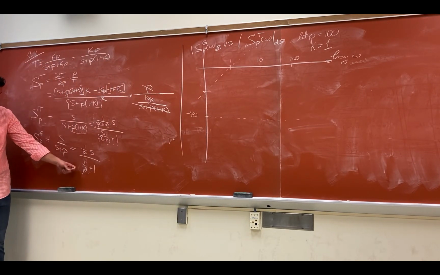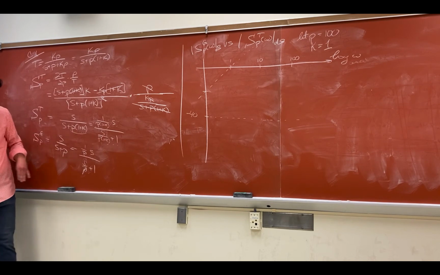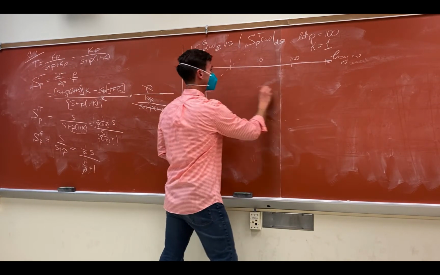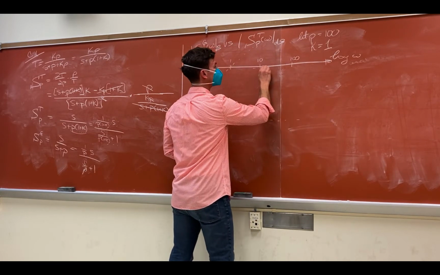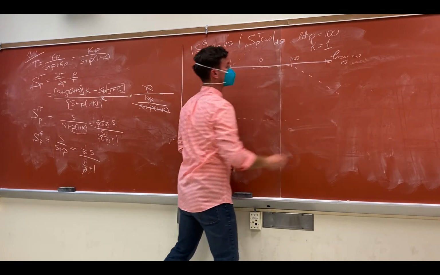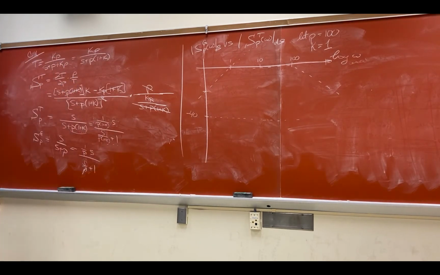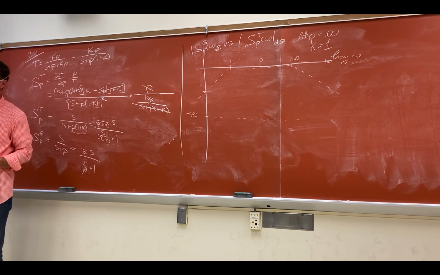And the pole is 0 and then down at 100. Take a second, and please combine these into the resulting Bode plot.